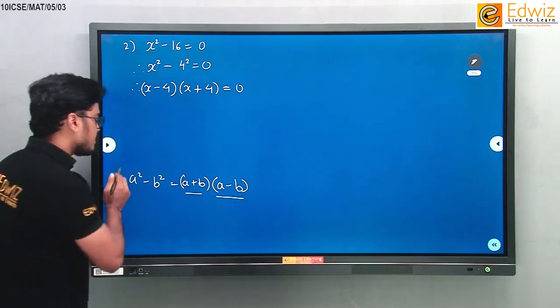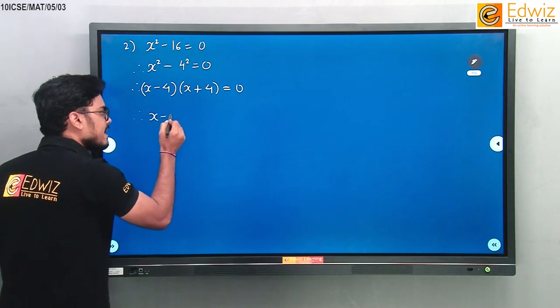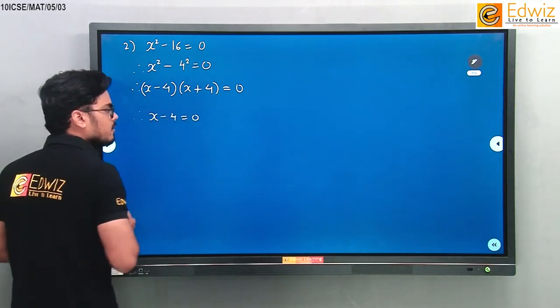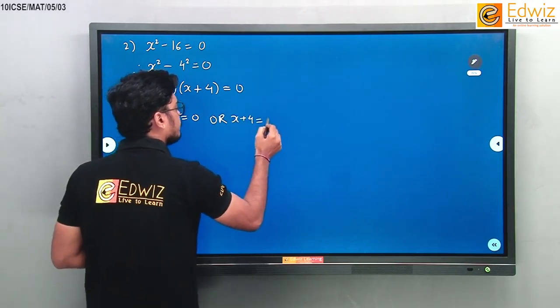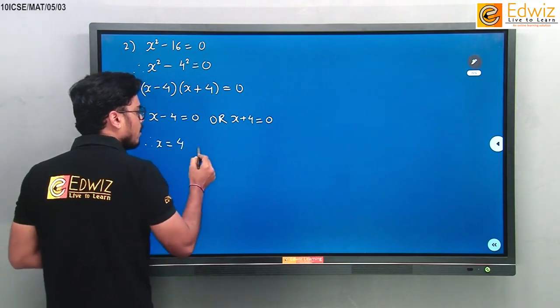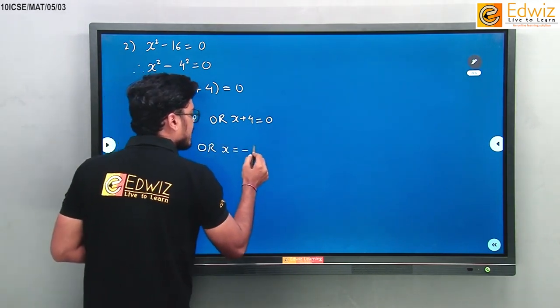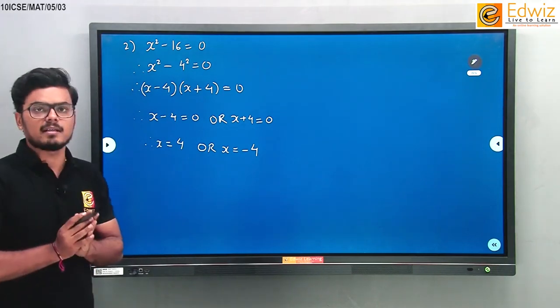That means by zero product rule you can say that either x minus 4 is equal to 0 or x plus 4 is equal to 0. Okay, that means x is equal to 4 or x is equal to minus 4. This is the simple solution of this quadratic equation.